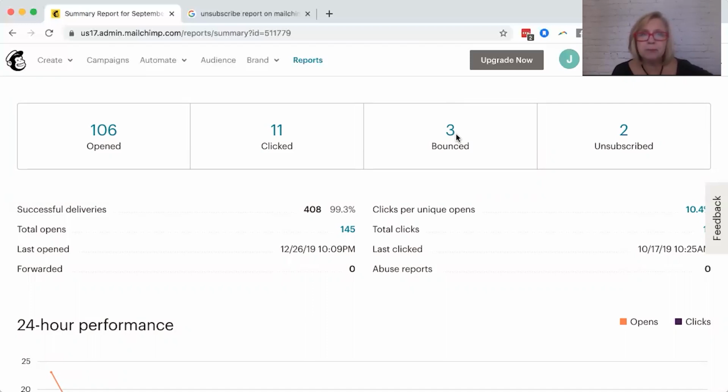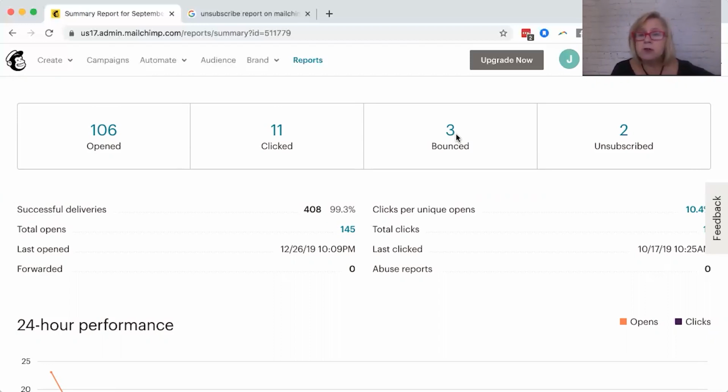But it's possible that you uploaded an email address, and instead of putting .com, you put .co, or instead of putting at Gmail, you put at Cmail. So make sure you have a look at the bounced, because it can be human error. It can also be that, again, the email doesn't exist anymore. So there's a few reasons for bounces, but you want your bounce rate to be really low.